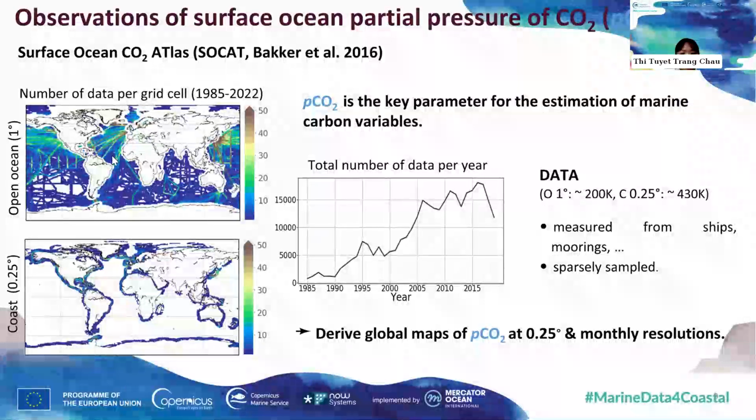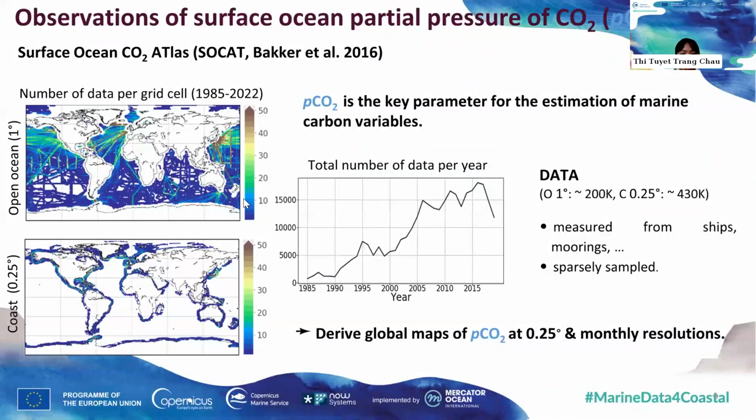It can be from international ship tracks, or from mooring buoys or uncrewed vehicles. On the left figures, we show the spatial distribution of pCO2 data over the open ocean and over the coastal region. The coastal region is defined as within 400 kilometers from the shore.